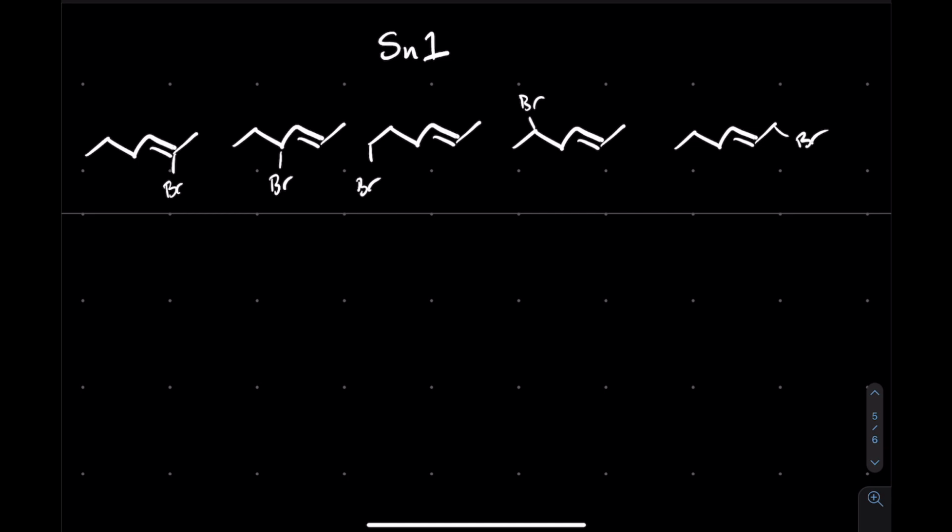Because in SN1, that's all about how stable of a carbocation can you form. All right, and the most stable carbocation formed is going to be one which puts the positive charge on a secondary carbon in an allylic position. Followed by that is going to be just a secondary position. All right, that's going to be a good place for a carbocation.